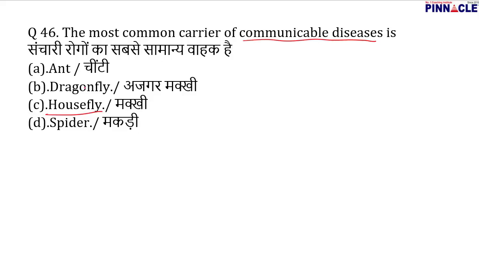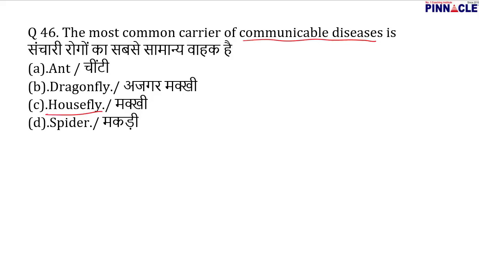And when we consume those foods on which a housefly has already sat, then we get infected. So for question number 46, C, that is housefly, is the correct option. Therefore it is advisable not to eat food on which houseflies sit, because it may lead to disease. So you need to be conscious about the food which you eat.